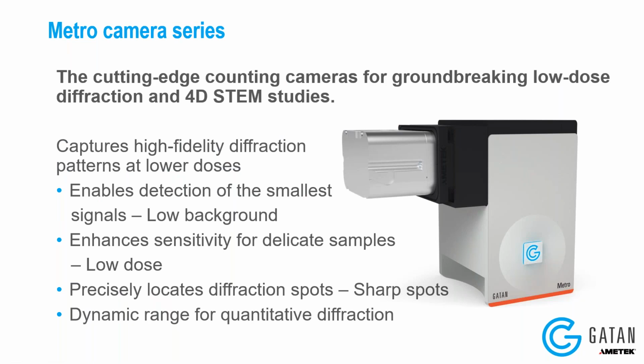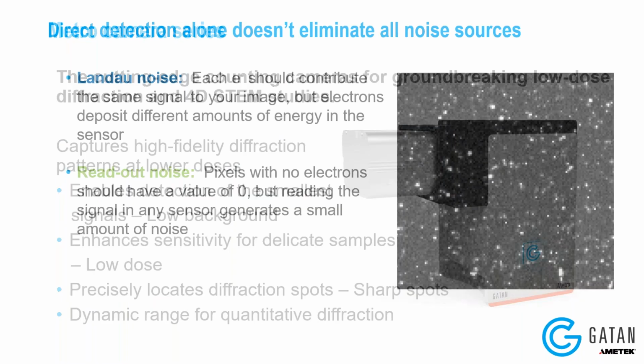I'll talk about how this really allows us to look at very delicate samples with a very low dose rate. And how we can very precisely locate these diffraction spots because they're so sharp. And then I'll talk a bit about the dynamic range that would enable you to do quantitative diffraction.